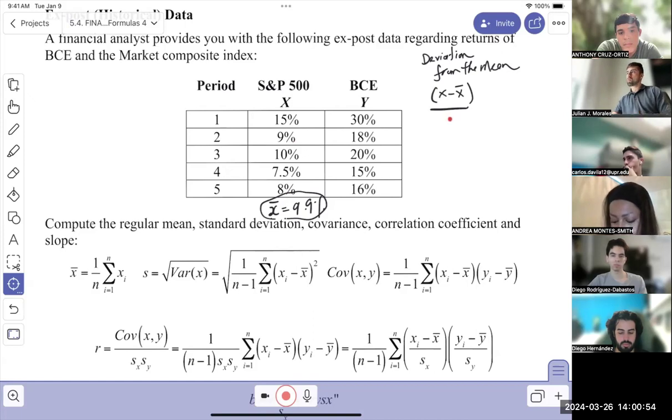So if you calculate this value minus 9.9, put it here. This value minus 9.9, you put it here, and you fill this in. Do that for me right now, and I'll ask you to give me the values.